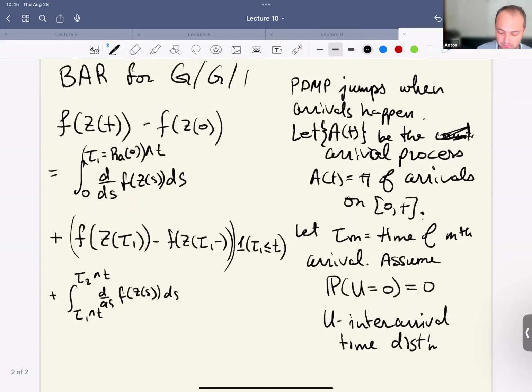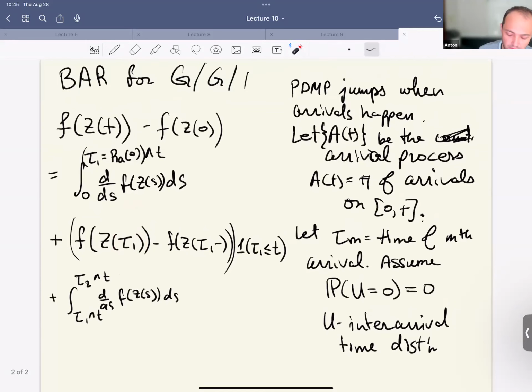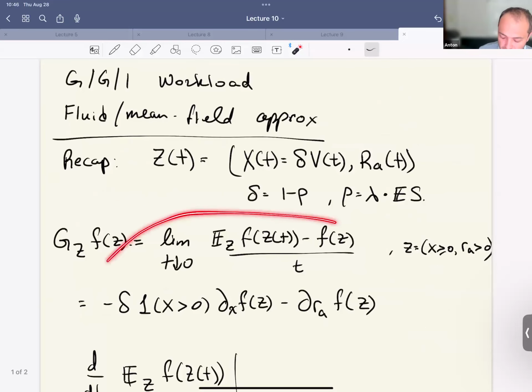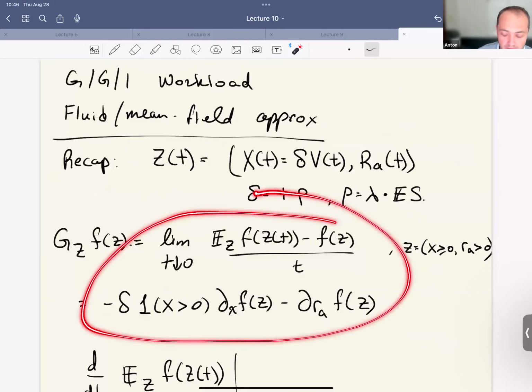So you see, my point is that we've broken down this process into the deterministic parts and the random parts. When we were deriving our infinitesimal generator, we were looking at the time derivative of the process on the deterministic components. So this time derivative is exactly what we derived over here.